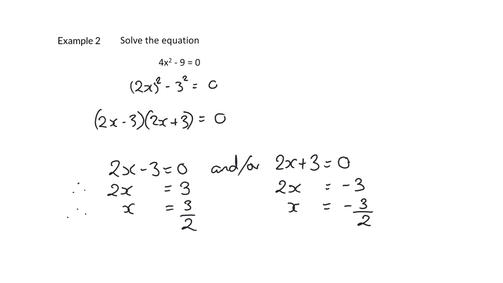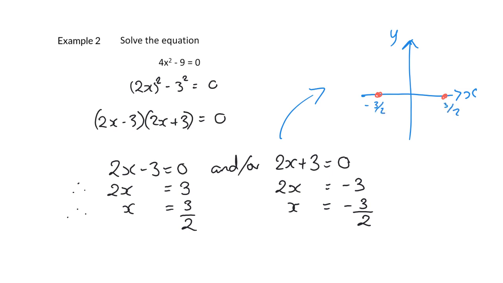And what that shows is that when we eventually get to a graph, we're going to have symmetry. We've got a negative point and a positive point for our solution. This one is obviously negative 3 over 2. This one is 3 over 2.